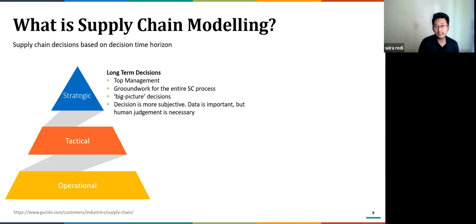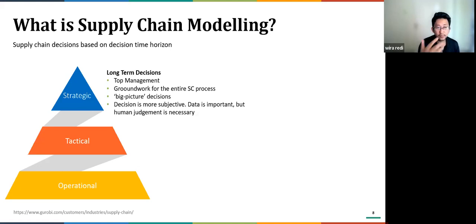What is a strategic decision? Strategic decisions are normally long-term decisions made by top management. They normally represent the groundwork of the entire supply chain process. They consider big picture decisions, and most likely this type of decision is more subjective. In this case, data is somewhat important, but most likely for a strategic decision, the decision will be subjective.